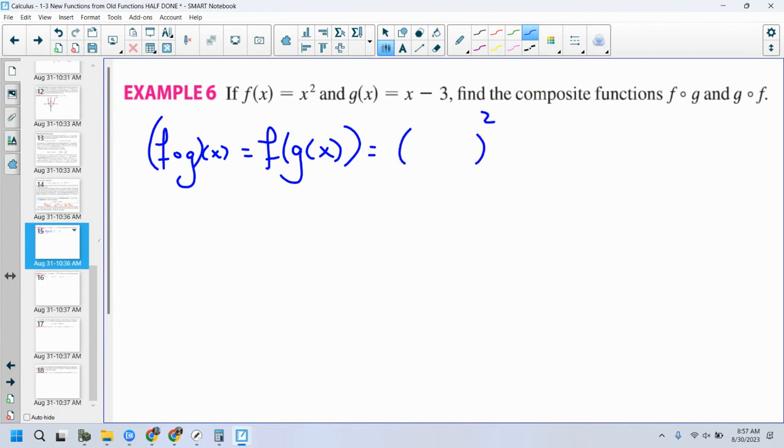So I'm going to take g and put it in f. Follow me there? That's composition. All right, let's reduce it down. That's x minus 3 times x minus 3, or in other words, x squared minus 6x plus 9. That's f of g of x.